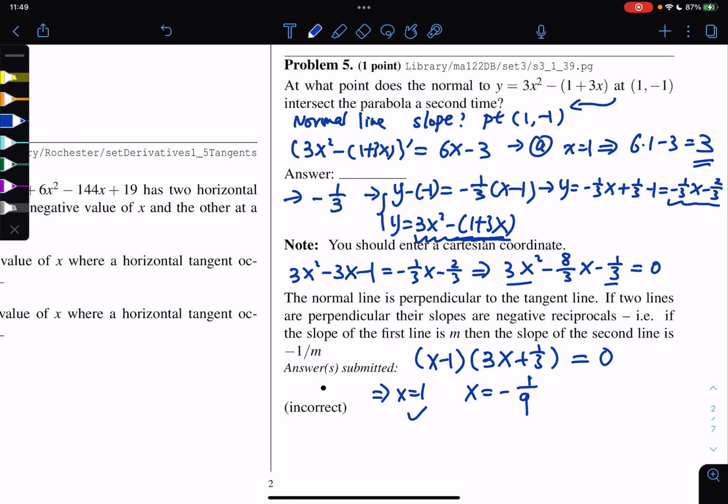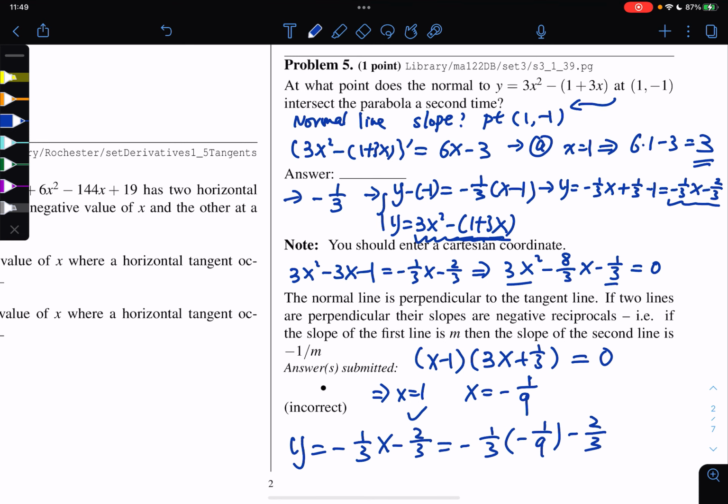If x equals -1/9 is the solution, then I'm going to plug it back either into this quadratic function or into that linear function, because they are going to intersect. So they are going to satisfy the same value at the same time. So y equals -1/3 x minus 2/3, namely -1/3 times -1/9 minus 2/3.